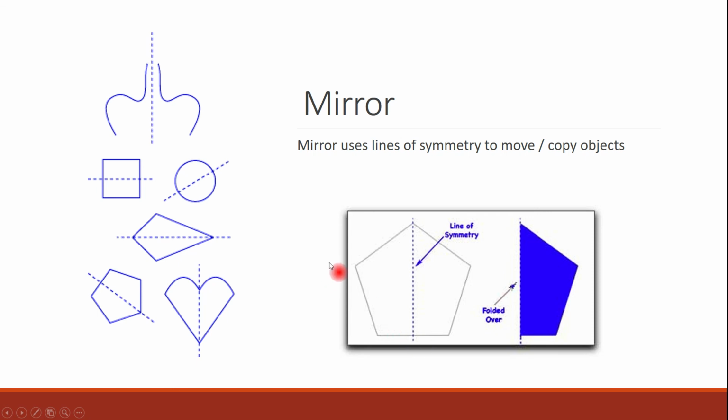And I will go into detail showing you that. But when you're using this command, make sure you understand what the line of symmetry is, or whether I can make a line of symmetry, or something that I'm going to need to create the other half of it. This command is really useful when you only want to create half of something, and then just let AutoCAD mirror the other half and do all the other work for you.